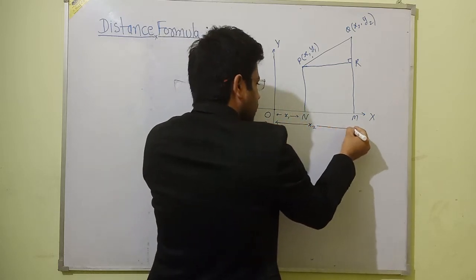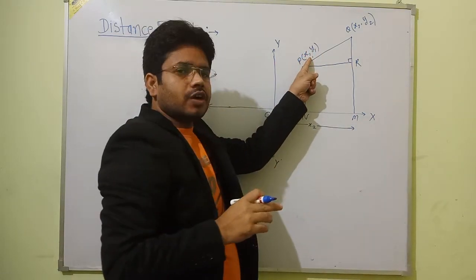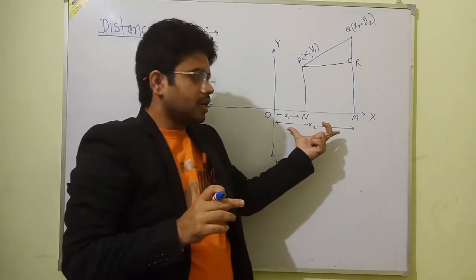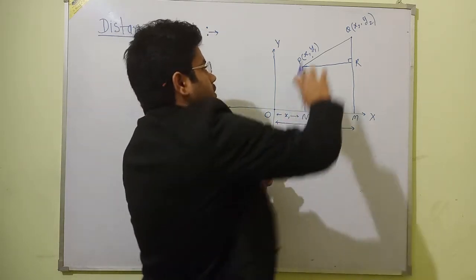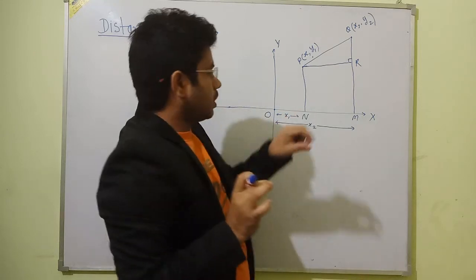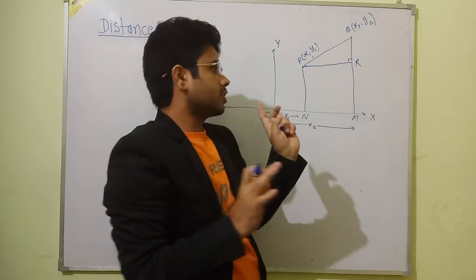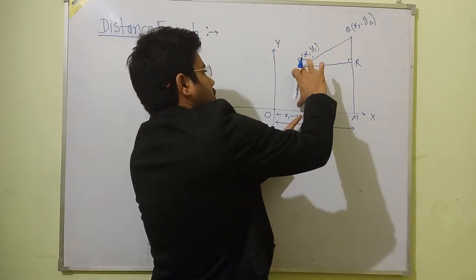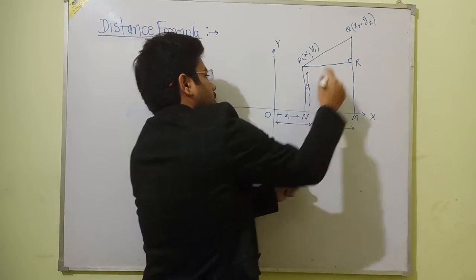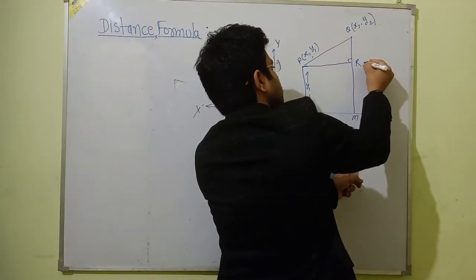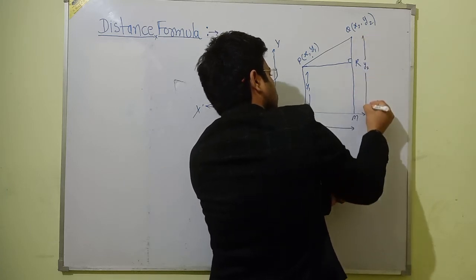As all of you know, the first element of an ordered pair represents the distance traveled on the x-axis, which is also known as the abscissa, and the second represents the distance traveled on the y-axis, which is known as the ordinate. So from N to P this distance will be y1, and from M to Q the whole distance will be y2.